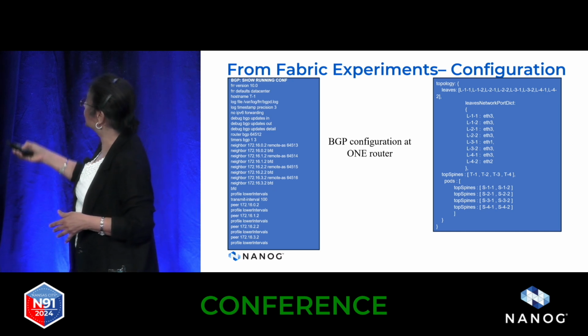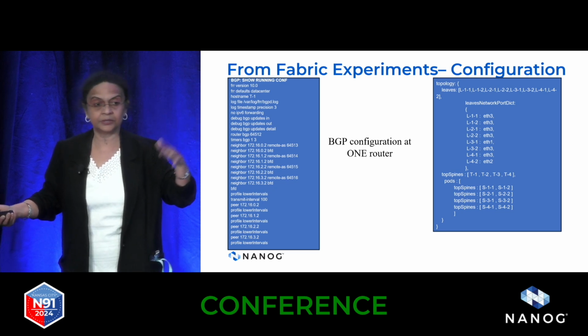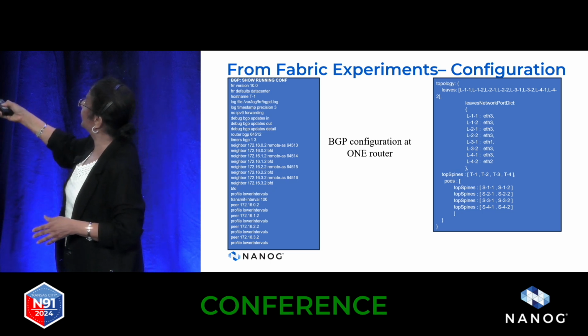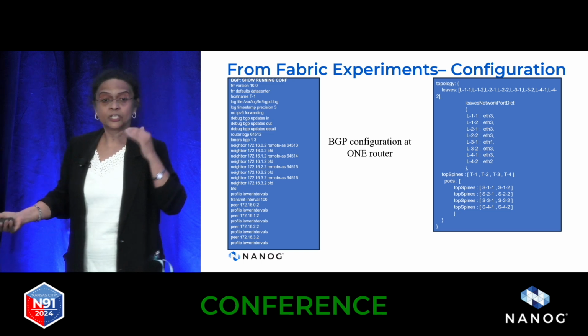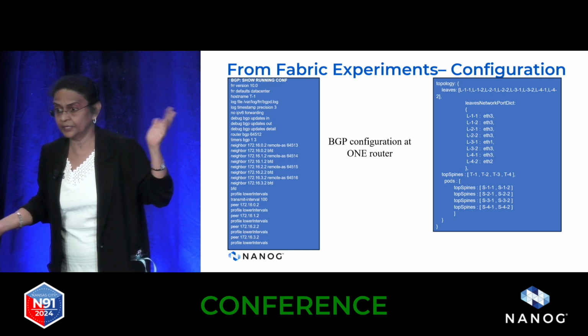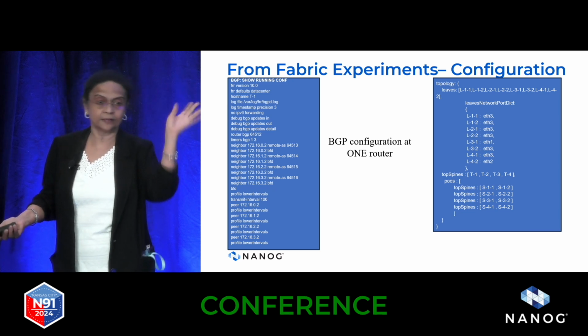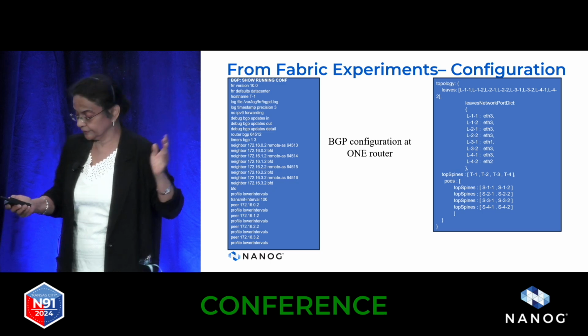If you notice here, I'm just telling them, hey, you are in tier 1, tier 2, etc. And I'm identifying the server ports at the TORs, because that is the port where they're going to expect IP packets. If you get an IP packet on any other port, it just gets knocked off.